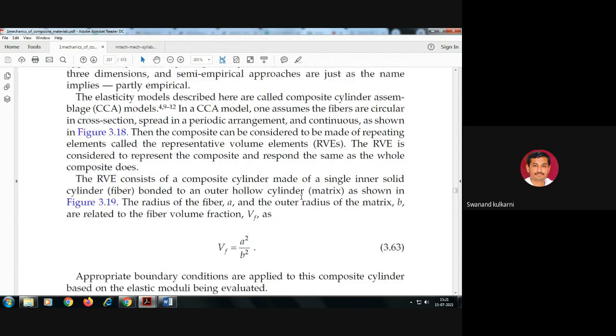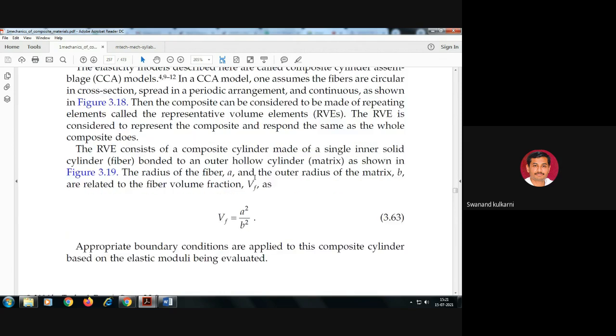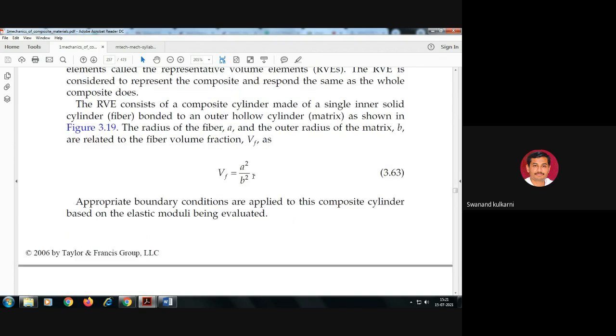Is it okay? Then here also we are considering the representative volume element. Is it okay? RVE is nothing but the representative volume element that we are taking into consideration, and it is considered to represent the composite and respond the same. So for the volume fraction of the fiber, if we consider A as the radius of the fiber, is it okay?